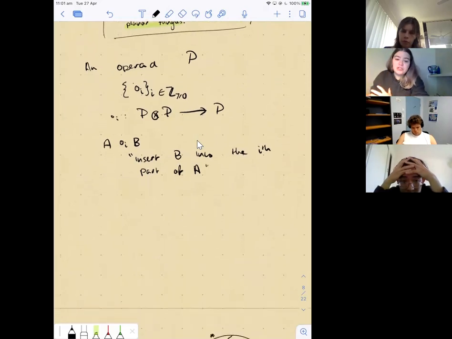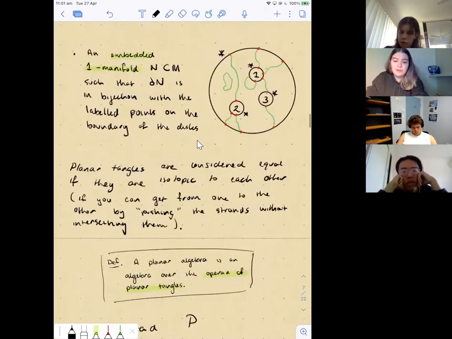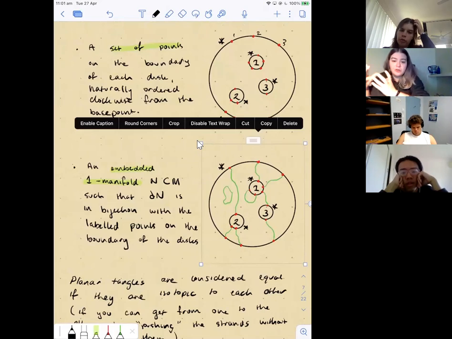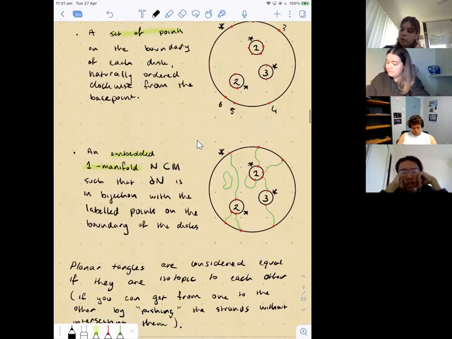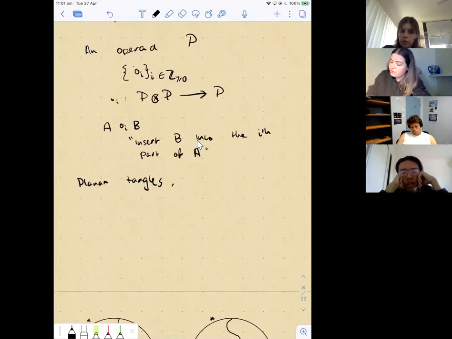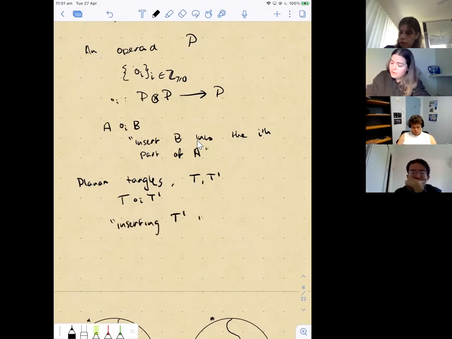Now there's an immediate notion of this for planar tangles, because in a planar tangle we have these numbered disks. So we have this notion of what the ith part of a planar tangle is. And so if we have two tangles, T and T prime, then T circ I T prime means inserting T prime into the ith circle of T. Now, obviously, there are some coherence rules here.